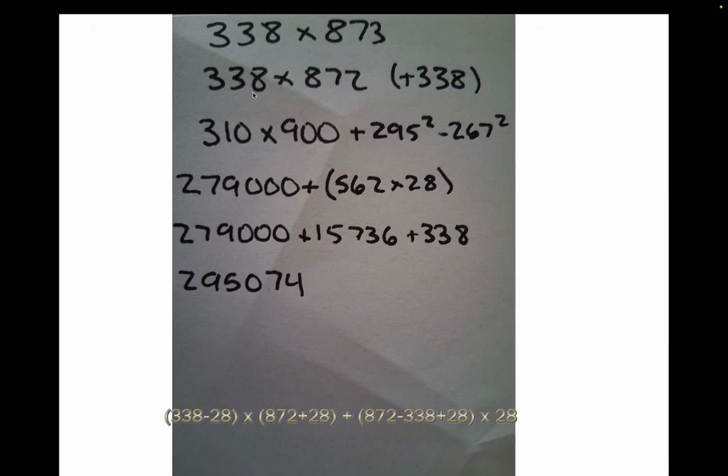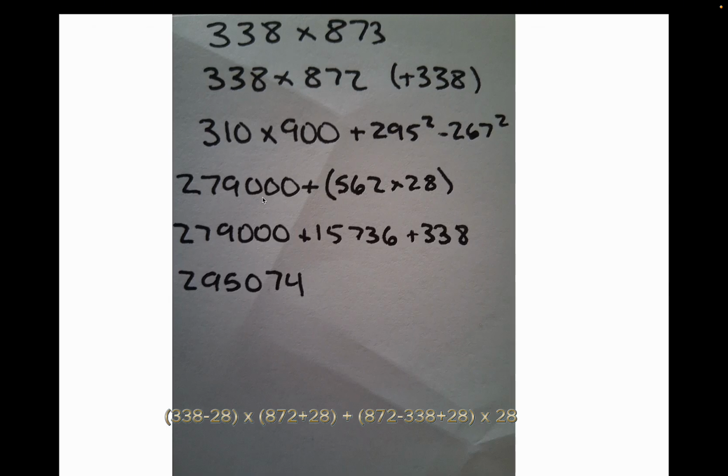Then we have the original difference between 338 and 872, which is 534. And we have 534 plus 28 here. So by moving up and down 28, we can turn this question into 310 times 900, a relatively easy question to solve.